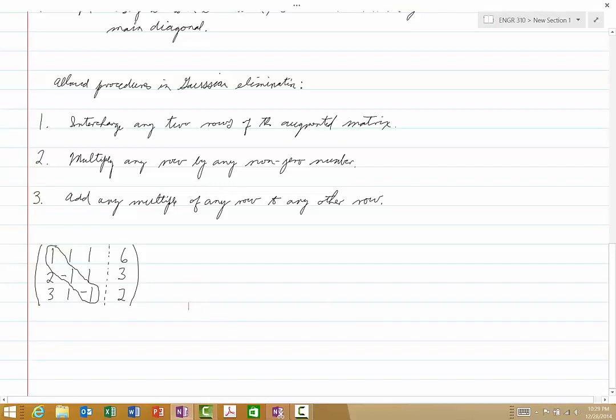So there's the augmented matrix. And let's see what happens.